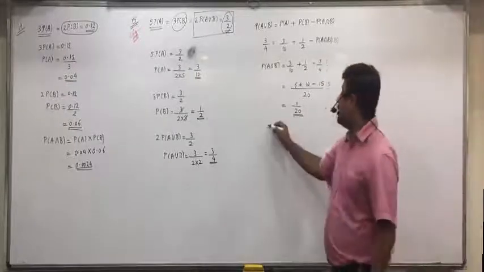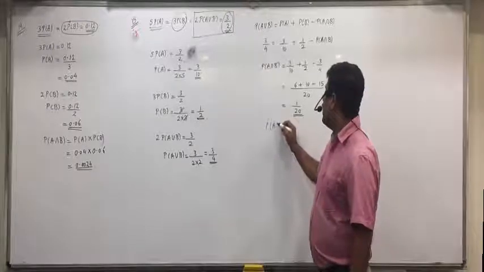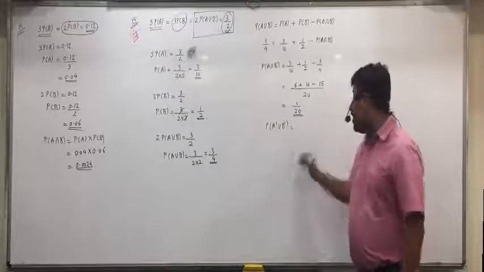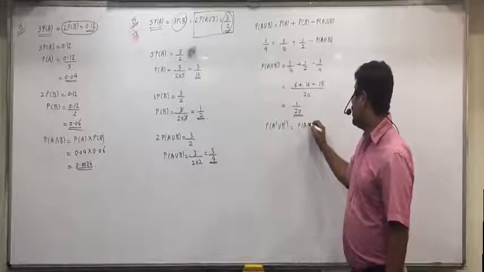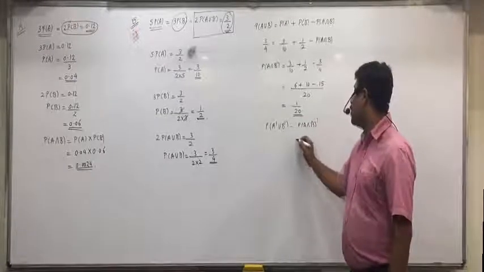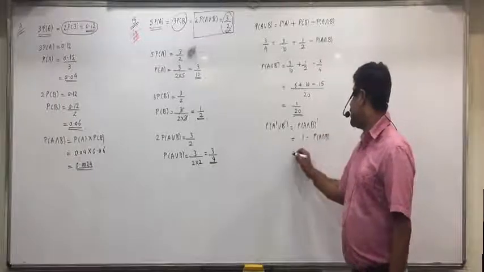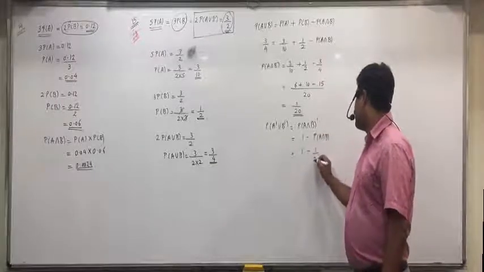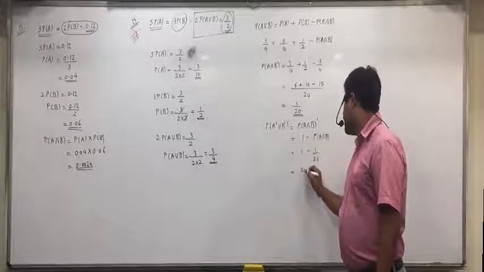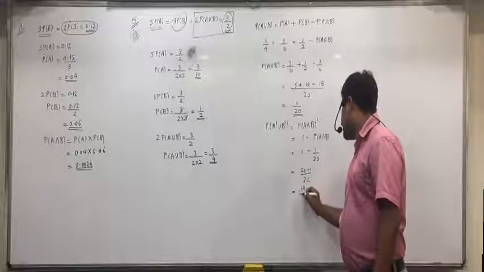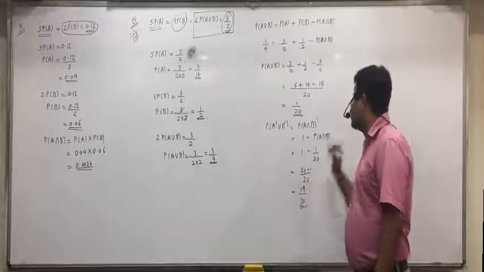In the 15th question, P(A naught union B naught) will be equal to P(A intersection B) whole naught, 1 minus P(A intersection B), 1 minus 1 by 20, 20 minus 1 by 20, 19 by 20.